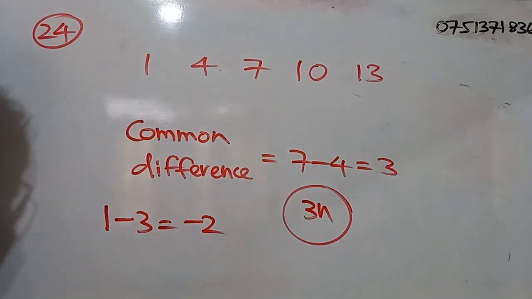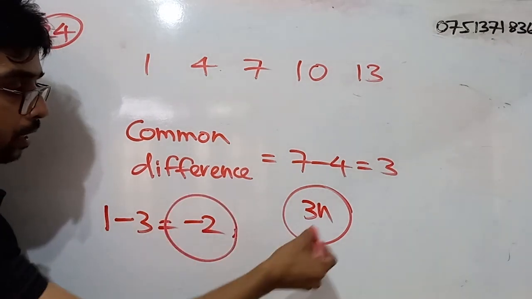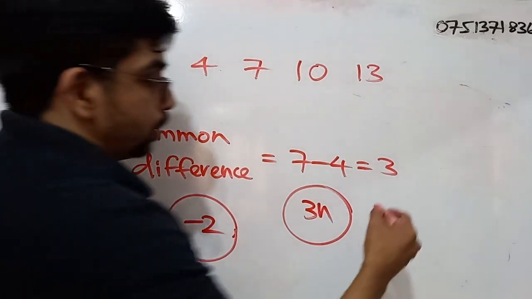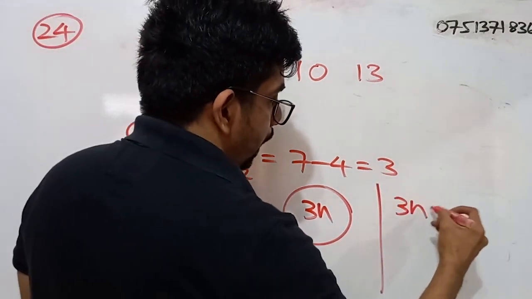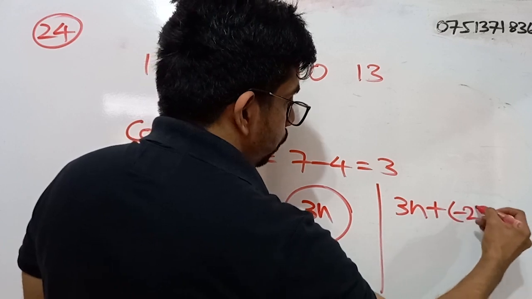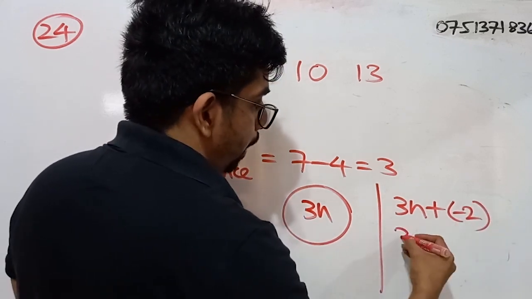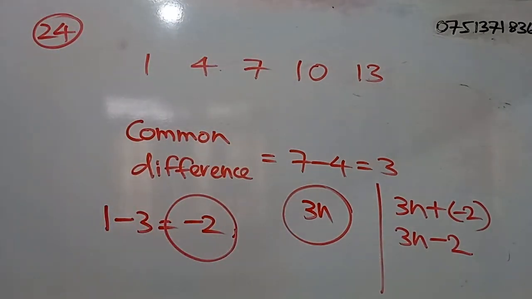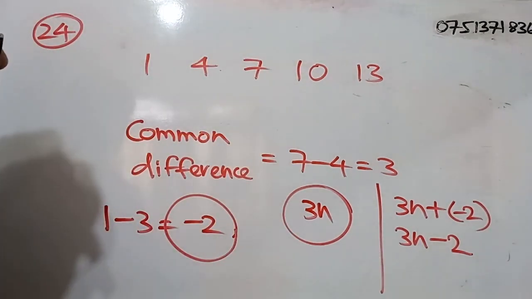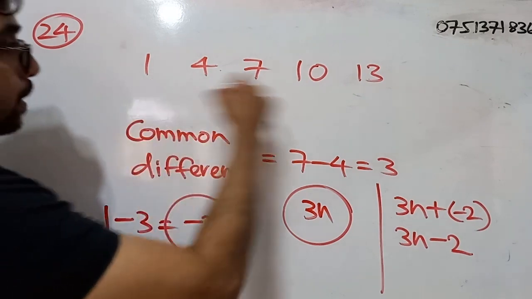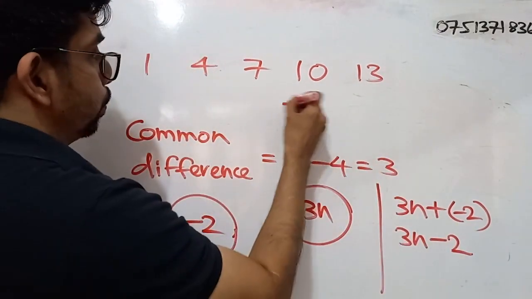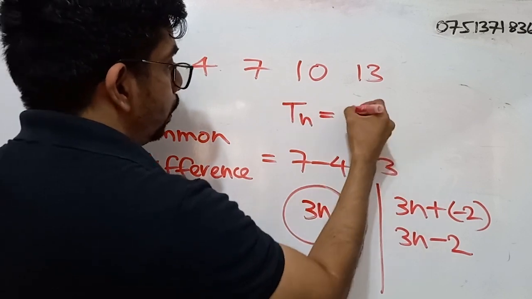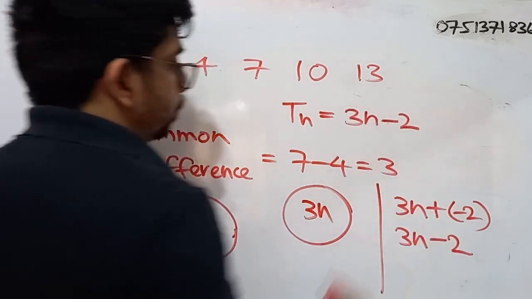Negative 2. Right? Then we need to add this to 3n. So we can write 3n plus negative 2, or we can simply write 3n minus 2. So the general term for this number sequence is what? 3n minus 2. So tn, that is equal to 3n minus 2.